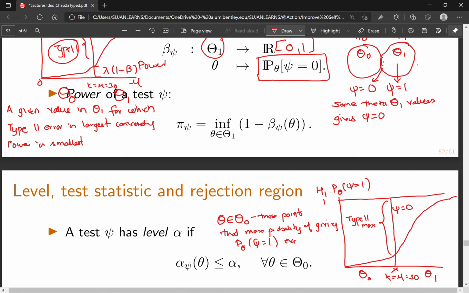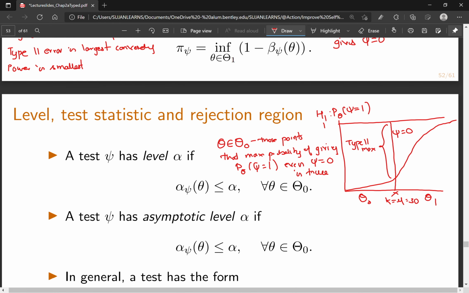Even though they should give you a negative test, they are giving you the positive test, and we are looking at those points as the maximum probability of giving you the positive test, even though they should give you a negative test.